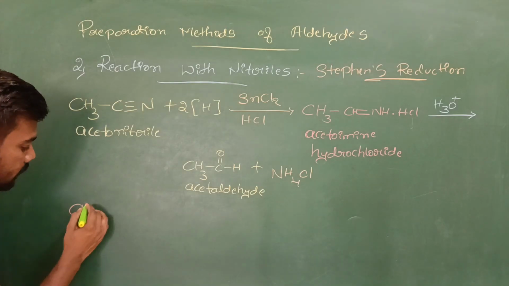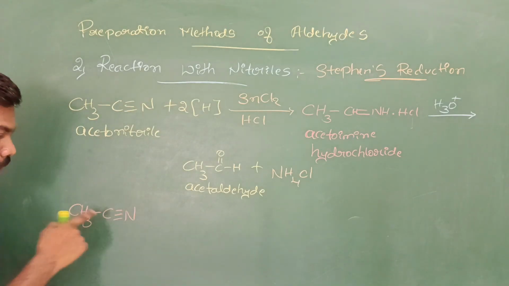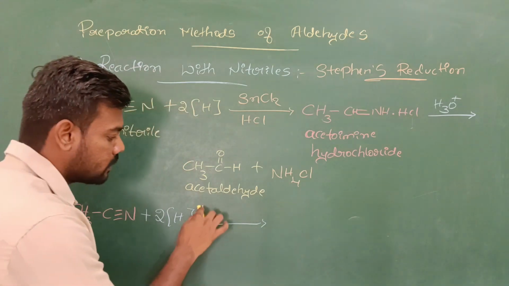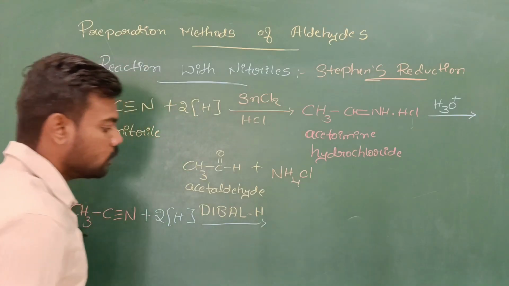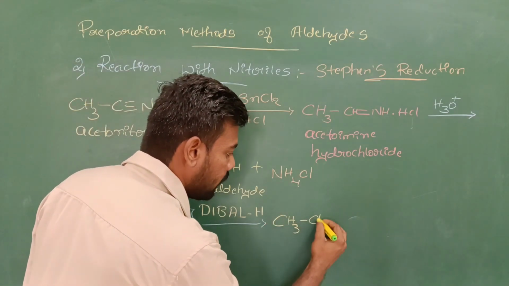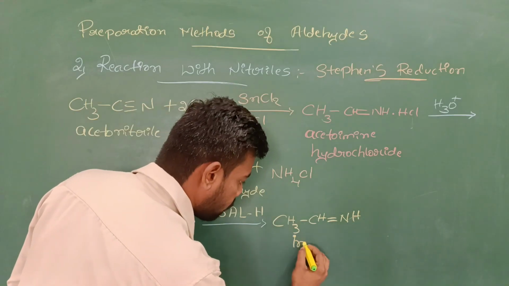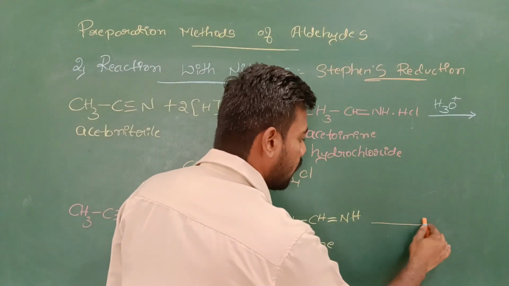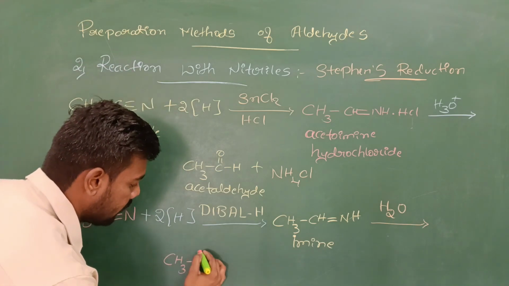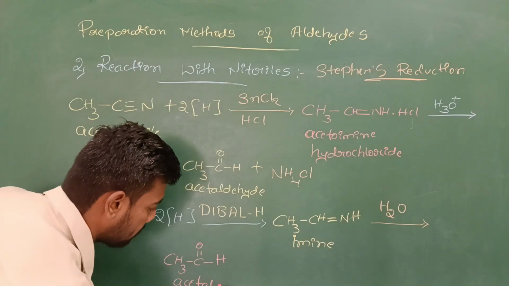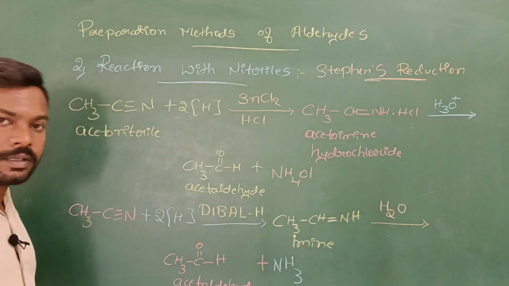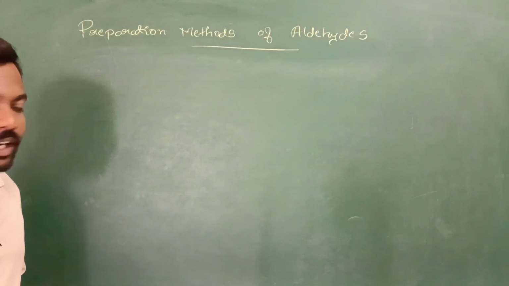For example, when acetonitrile is reduced with DIBAL-H, diisobutyl aluminium hydride, it forms imine, which further undergoes hydrolysis to form acetaldehyde, and we also get ammonia. Clear?